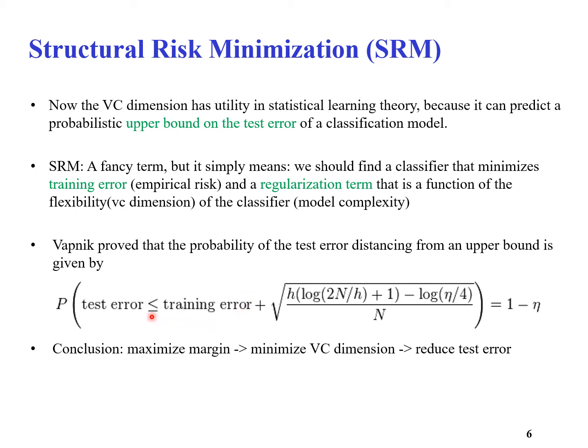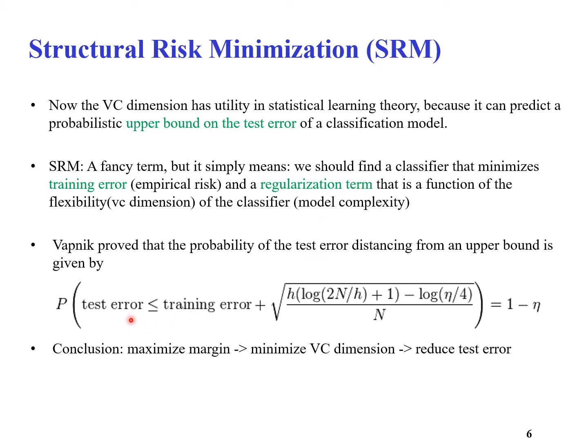And what really matters is this test error. Test error is the error on future data, data we have not seen before. So this is what matters. Test error is less than or equal to training error plus this one. This one is the regularization term.